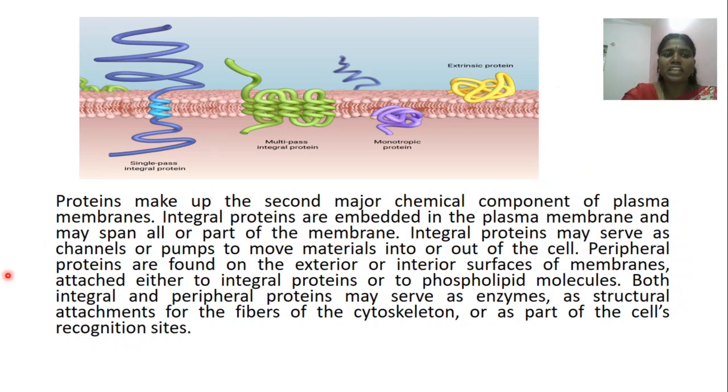The peripheral proteins are attached to the exterior and interior surface of the membrane, either to integral proteins or to the phospholipid molecules. Both integral and peripheral proteins may serve as enzymes and as structural attachments for the fibers of the cytoskeleton. So if you take the proteins inside, they are the sites for the attachment of the cytoskeleton, and they also act as part of cell recognition sites.